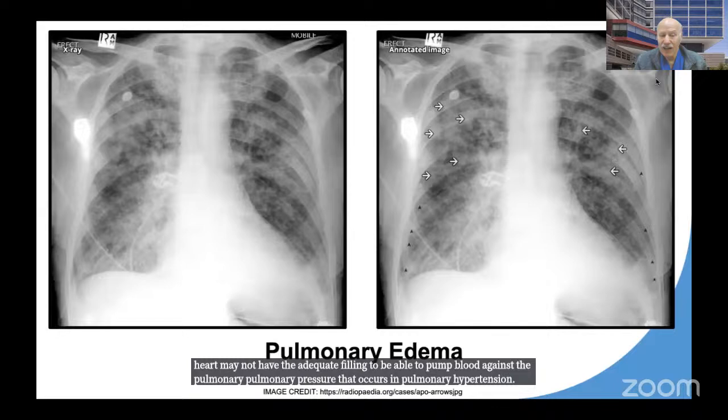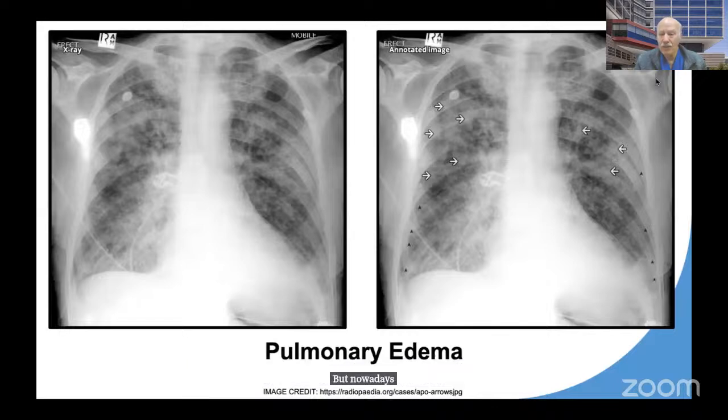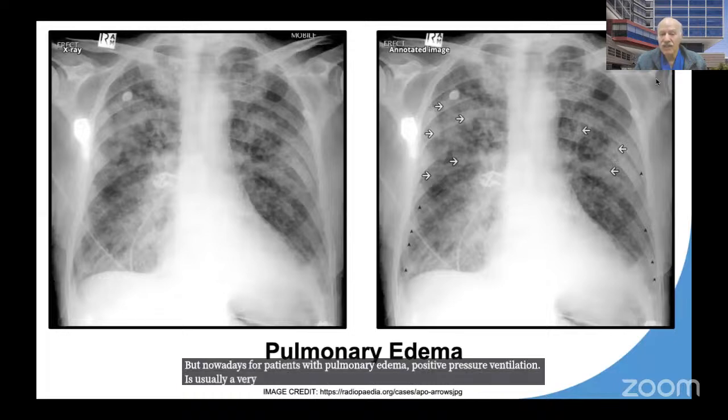But nowadays, for patients with pulmonary edema, positive pressure ventilation is usually a very effective treatment in many patients, particularly in the postoperative setting, where it's been proven to improve the overall status of the patient in the post-anesthesia care unit or in the ICU.